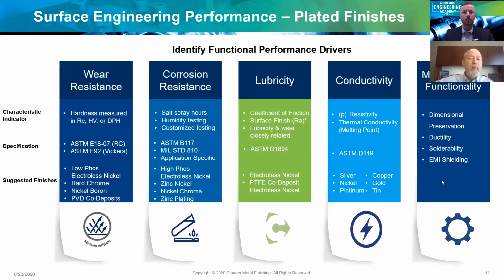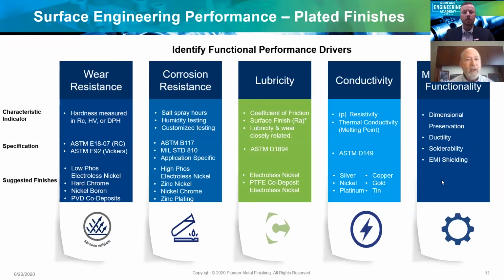The different types of micro hardness testing are the Vickers and the Knoop type testing. And the types of platings that do a really good job are the low phos Electroless Nickel, hard chrome plating, and the PVD, co-deposit type platings.